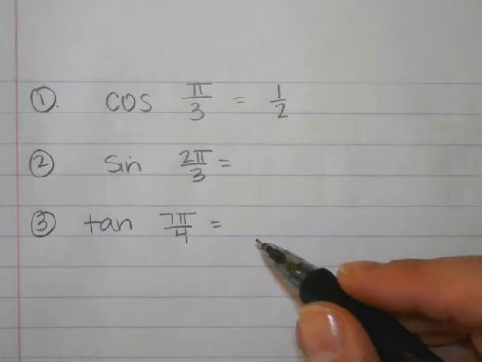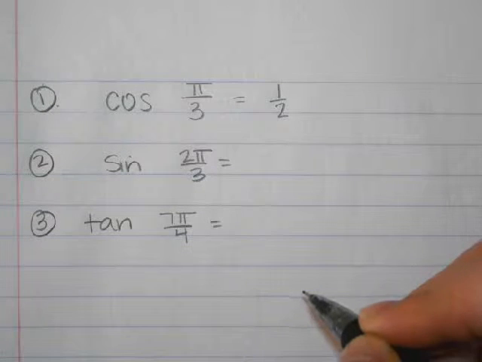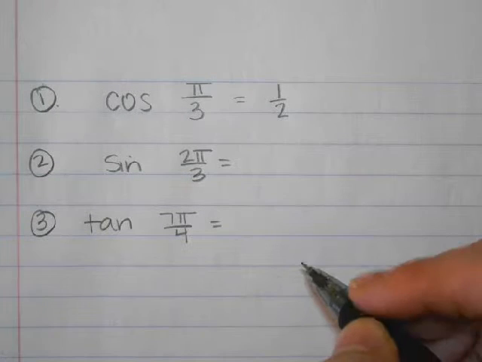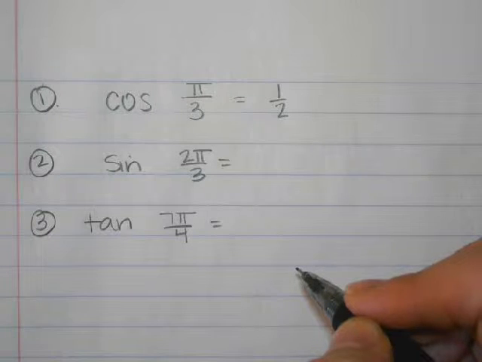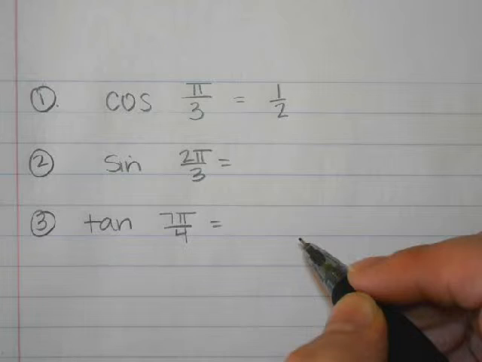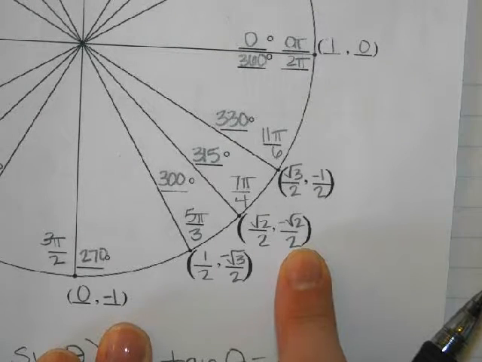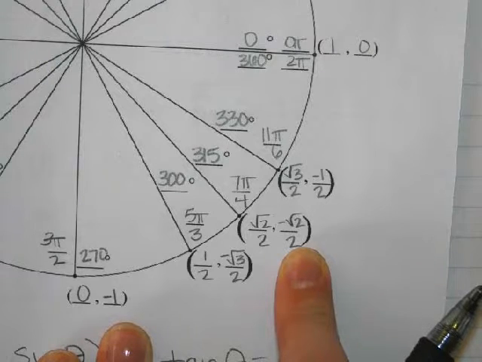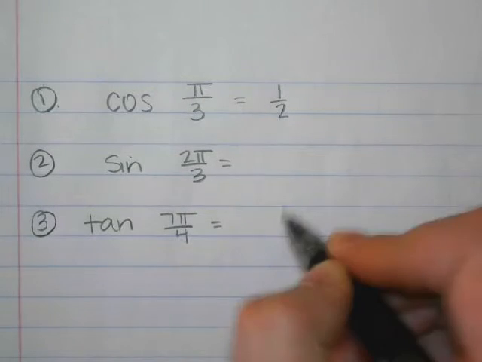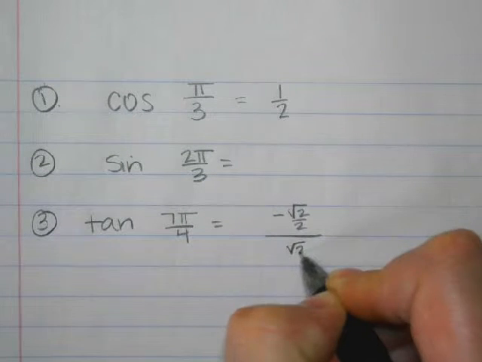So we have to do y divided by x. If you look at 7 pi fourths, the y coordinate is negative root 2 over 2. The x coordinate is root 2 over 2. So we have y divided by x.